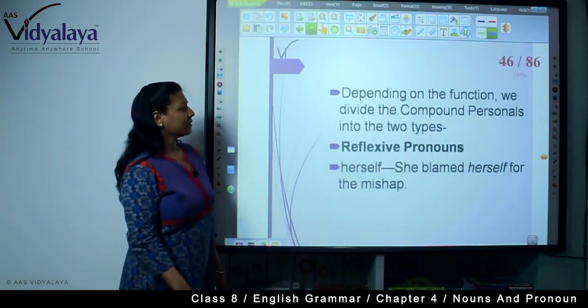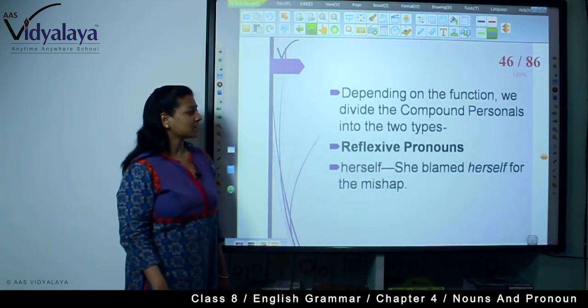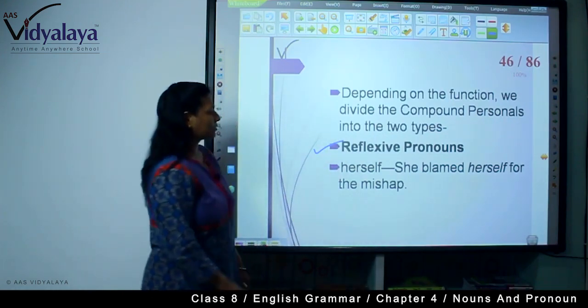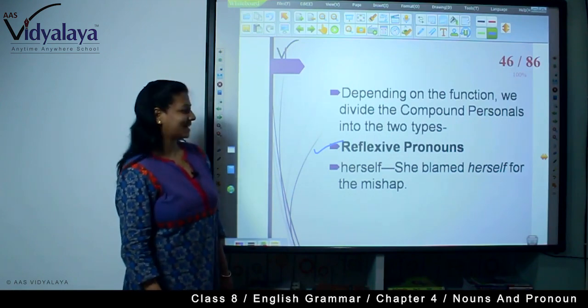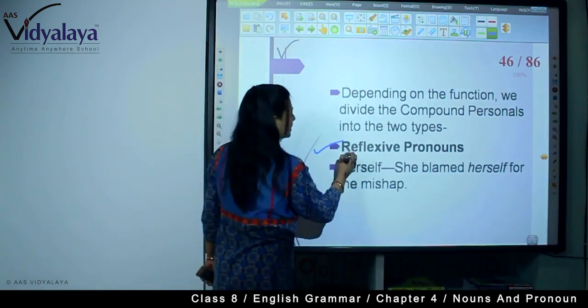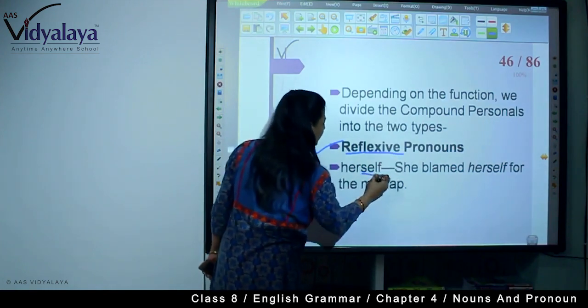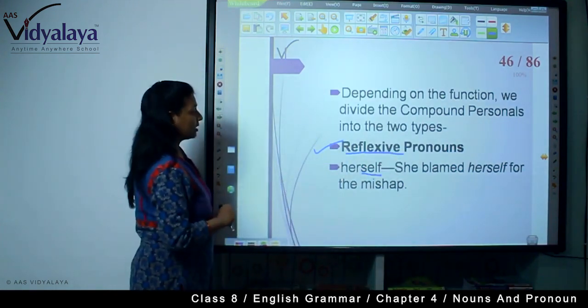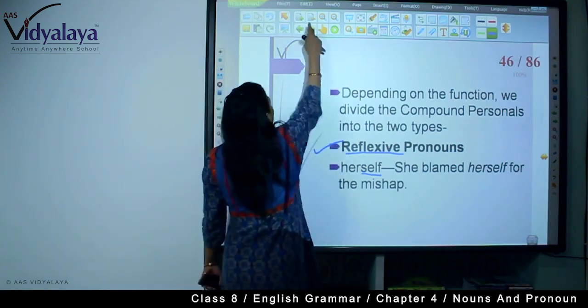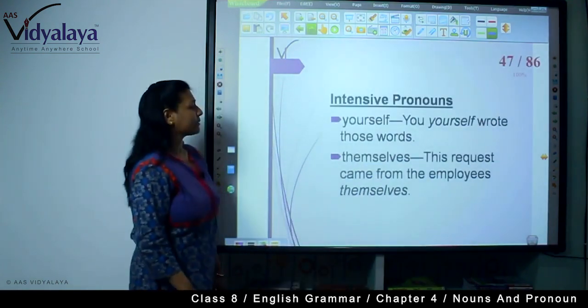Depending on the function, we divide the compound personals into two types, right? Reflexive pronouns, that is herself. She blamed herself for the mishap. Say reflexive: self you will get here. Next, intensive pronouns.